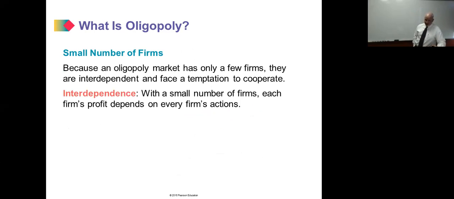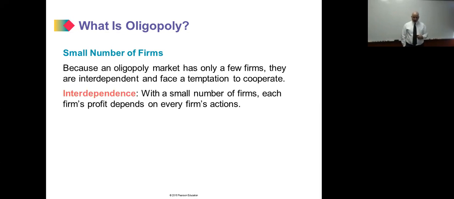Because an oligopoly market has only a few firms, remember, they are interdependent. If your chief goal is to maximize profit, you could be tempted to cooperate with one another. And I'm going to say you could be tempted. We're going to hold to the view that market manipulation is not a good thing.